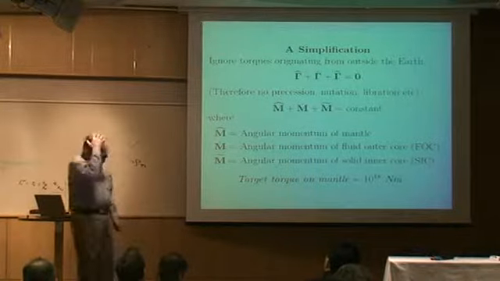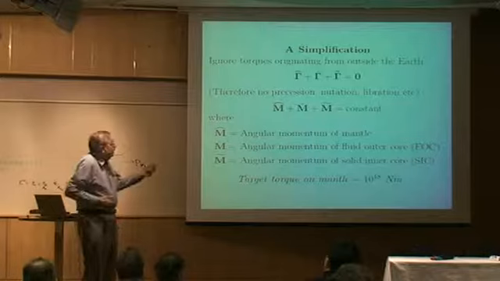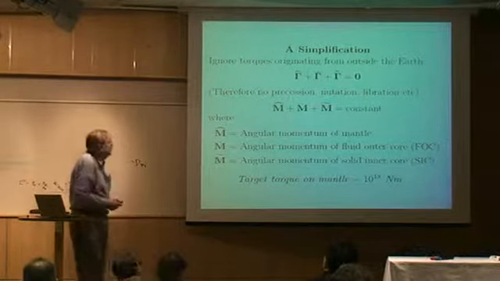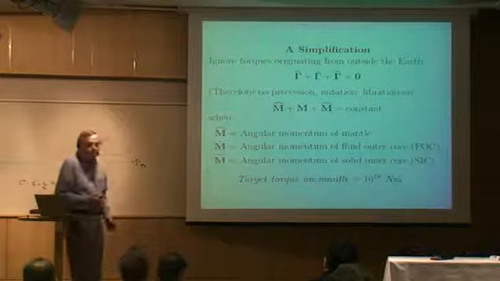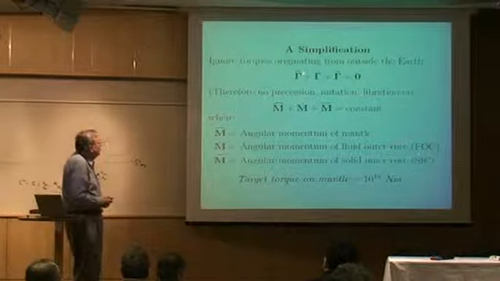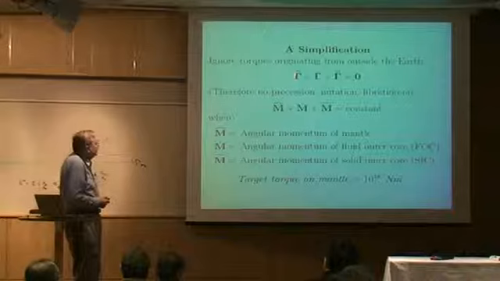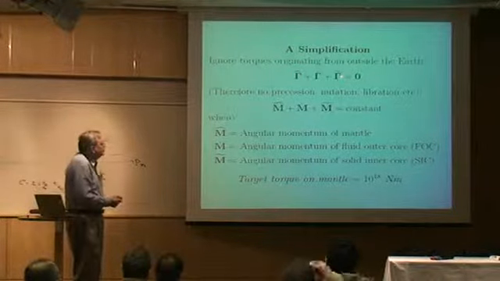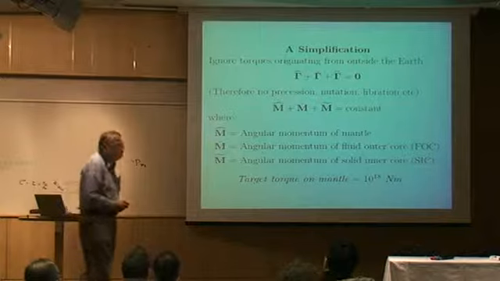And if you do that, then the next torque, now let me explain my notation here, because it's a notation-filled subject. Well, I've got a hat on, something like that. That's the torque on the mantle.